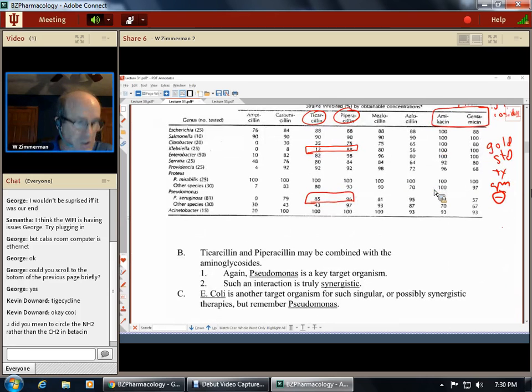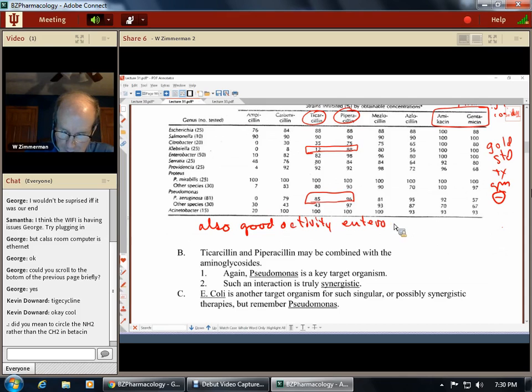This table doesn't show it, but there's also good activity against Enterococcus and staph when the tazobactam is added.